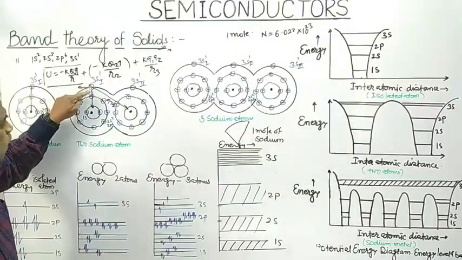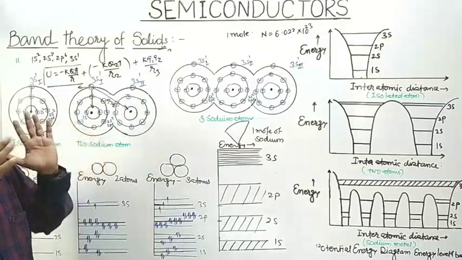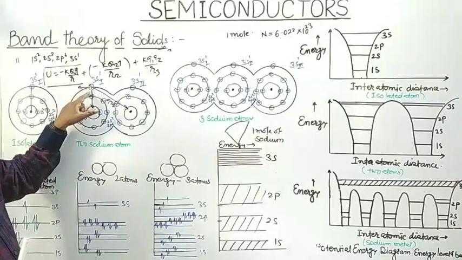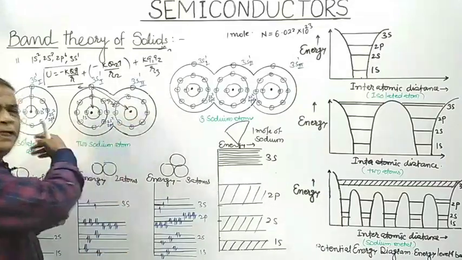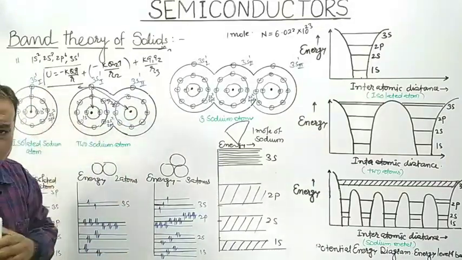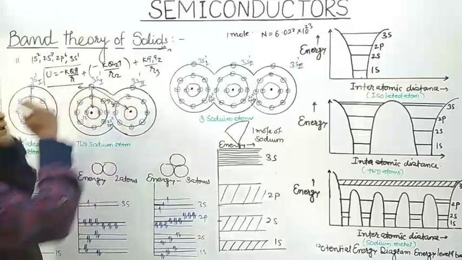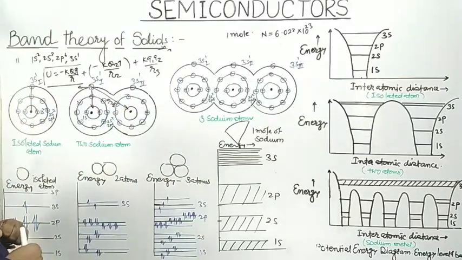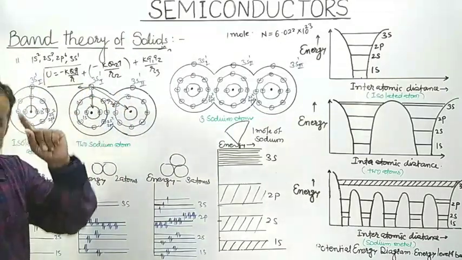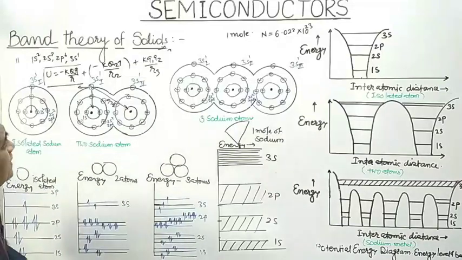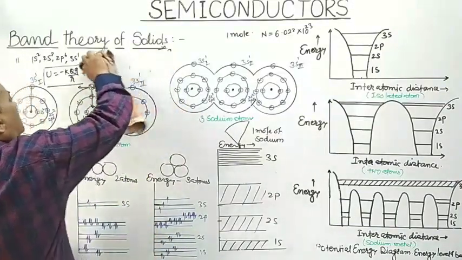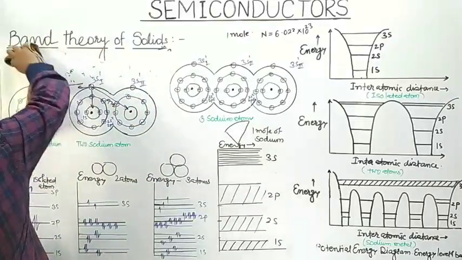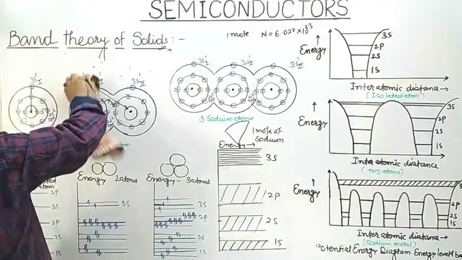Only those electrons lying in the outermost orbit, that is the electrons in the 3s orbit, have a strong interaction with their neighboring atom, and due to that strong interaction, their energy will change. But that change in energy is very small compared to their original energy in the 3s orbit.